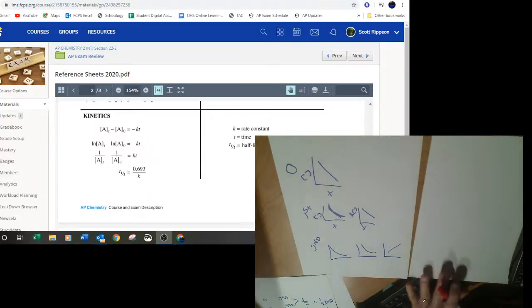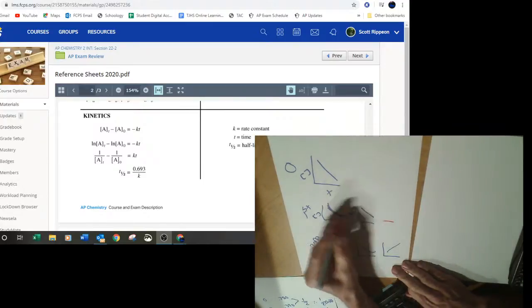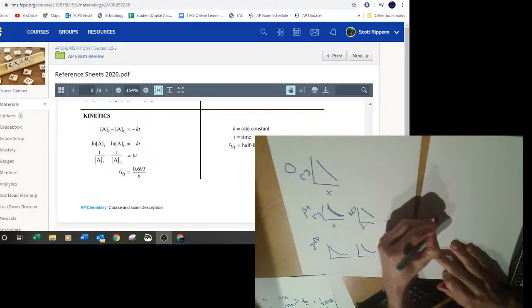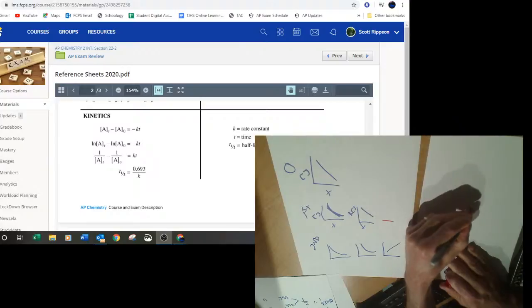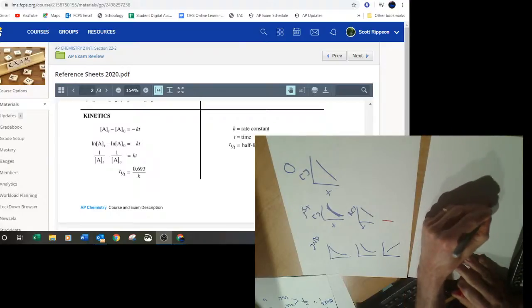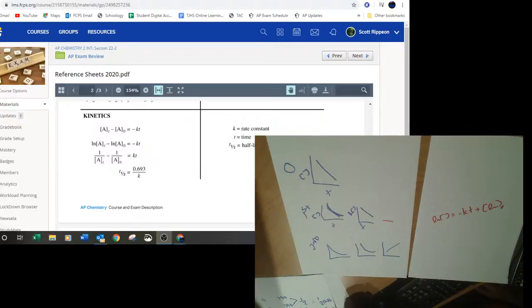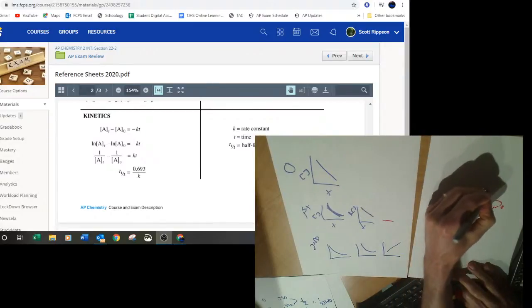So all they're saying with those equations is that if we're plotting 2 points on the natural log graph, natural log at some point equals negative kt plus the natural log at the 0th or at a different point. All they've done is rearrange that equation. This is simply y equals mx plus b.